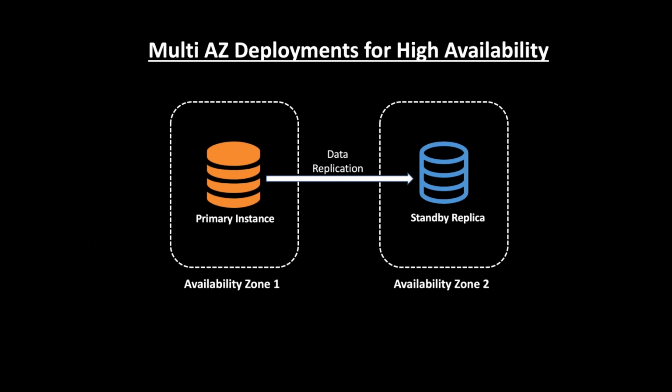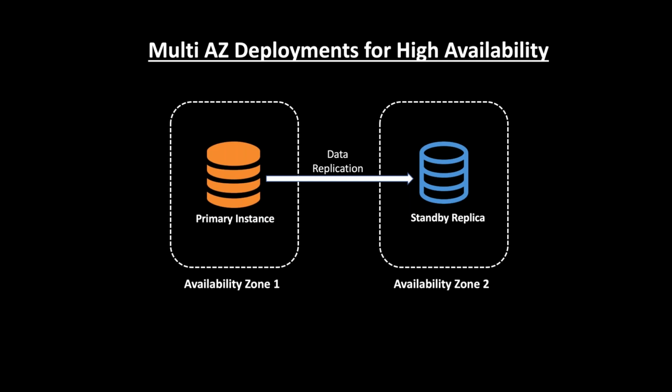So from an availability perspective as well, you want to avoid failure scenarios for your applications. You want to avoid downtime, so it's recommended to have your deployments, your applications and your databases hosted in multiple availability zones for high availability.